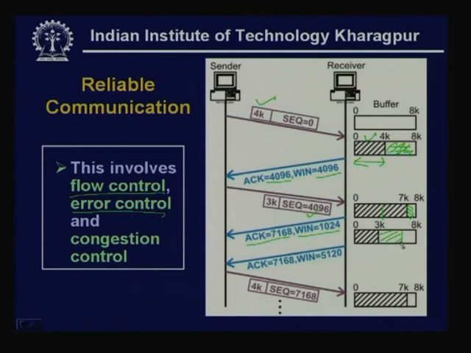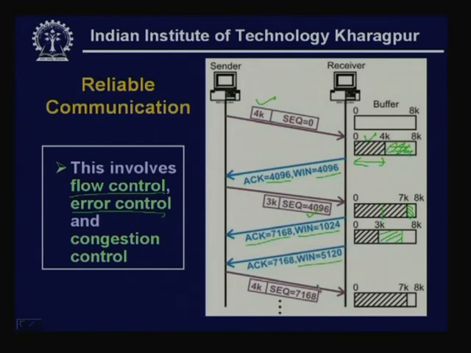So, now the 5K buffer becomes empty. So, window size becomes 5120 and it sends an acknowledgement frame to the sender, and on receiving that the sender can send another 4 kilobyte segment starting with sequence number 7168.